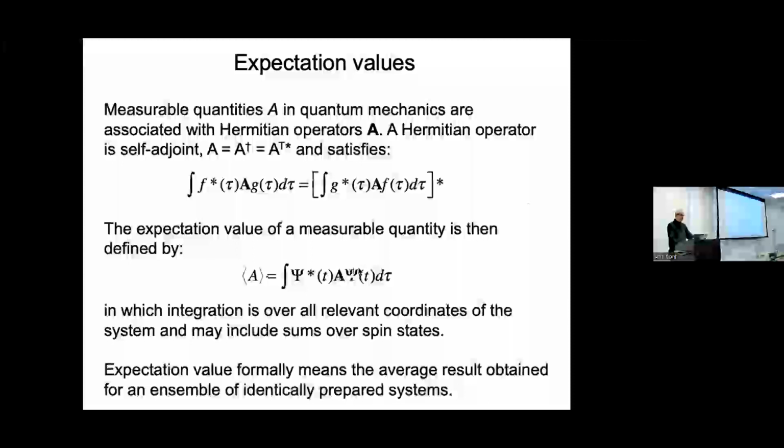We operate on psi, multiply by psi squared, integrate over all the coordinates, and we have our measurable quantity. Again, formally in quantum mechanics, this averaging A in the angled brackets would mean the ensemble average, meaning the average over lots of different dynamically prepared systems. That's a little different than we want.